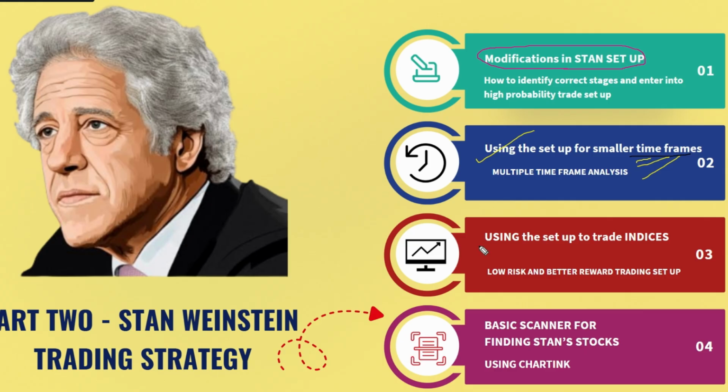The same setup can be used to trade indices and ETFs, because I believe that for some people it may be very easy to trade ETFs because they don't give wrong signals as often. The whipsaws are low, volatility is very low, and it usually gives a good risk and reward ratio.